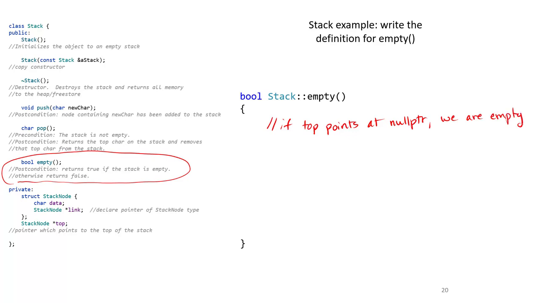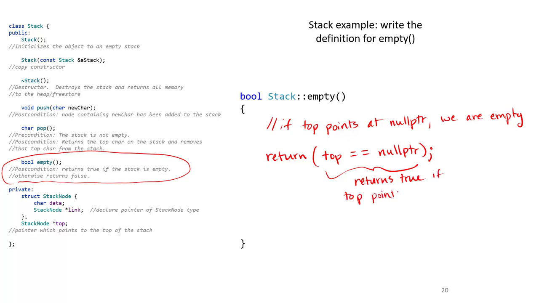So if you want to write this function using a single line of code, an experienced programmer would actually write empty like this. Because we know top double equals null pointer, this will return true if top points at null.